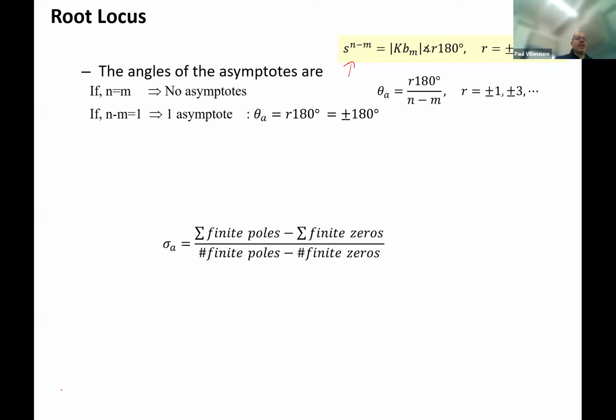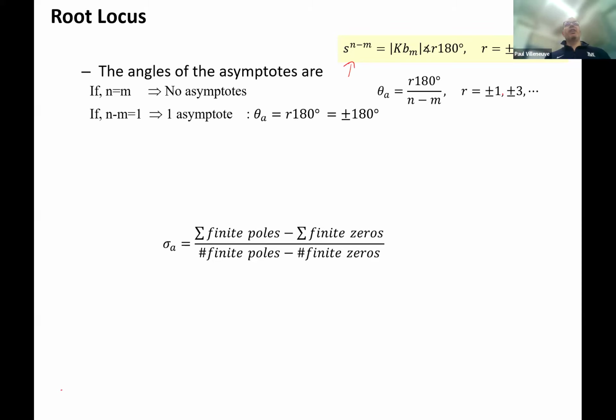So if n minus m equals 0, or n is equal to m, there are no asymptotes. Why are there no asymptotes? Because the number of finite poles equals the number of finite zeros, right?